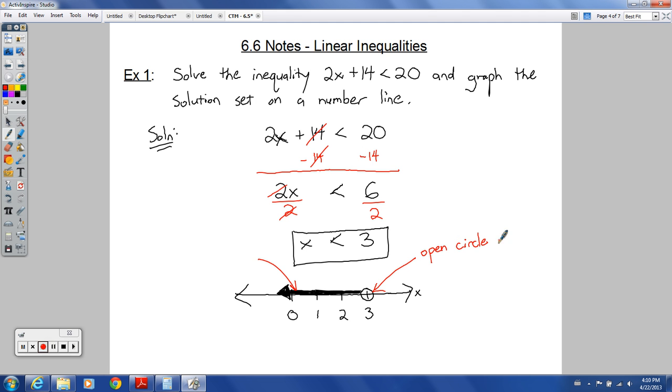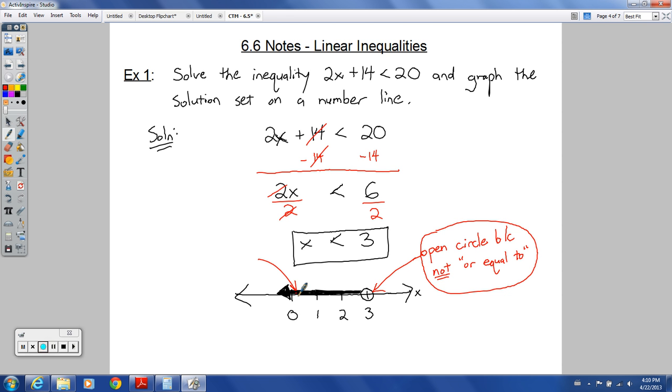We are using an open circle because it's not or equal to. Okay, so there's no or equal to part underneath there. So we're going to use an open circle. So make a little note of that in your different color right there, pointing to this dot right here.